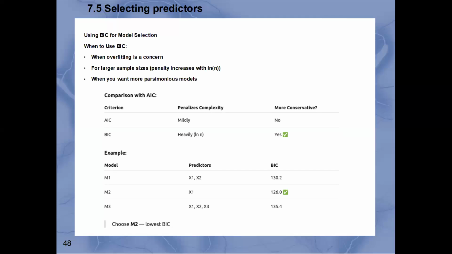If we look at the criteria AIC and BIC, BIC penalizes complexity more than AIC, and is more conservative. So if we look at a model and the predictors and list out the BIC, which will be computed for you in many libraries, then we pick the one with the lowest BIC.